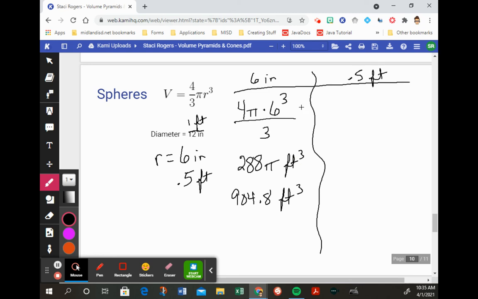Okay, let's do the other one. 4 pi 0.5 to the third power over 3.